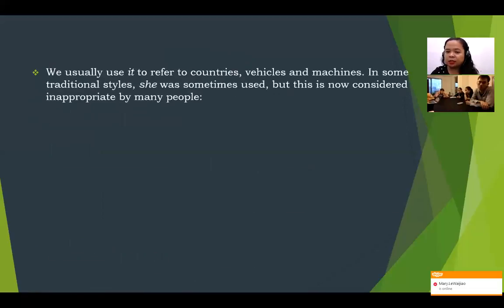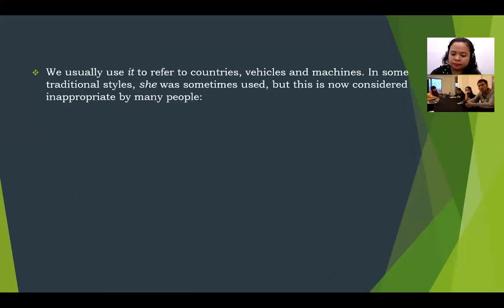And then the next one, Joshua, please read. We usually use it to refer to countries, vehicles and machines.